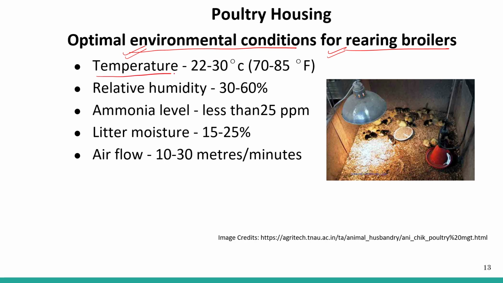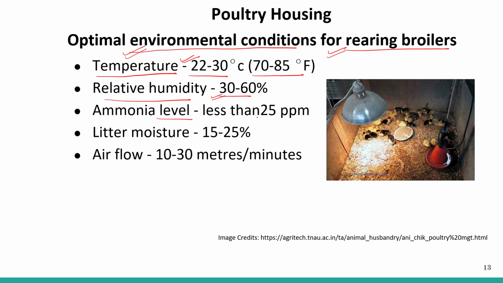The first one is temperature. The required temperature is 22 to 30 degrees centigrade, that is 70 to 85 degrees Fahrenheit. Relative humidity should be around 30 to 60%.